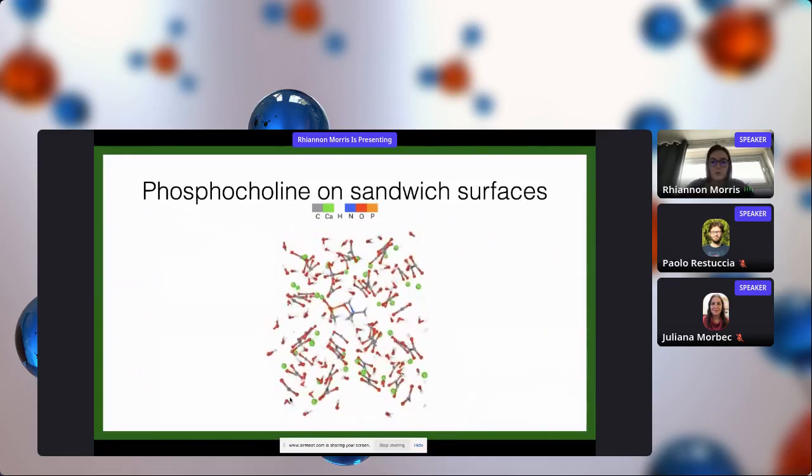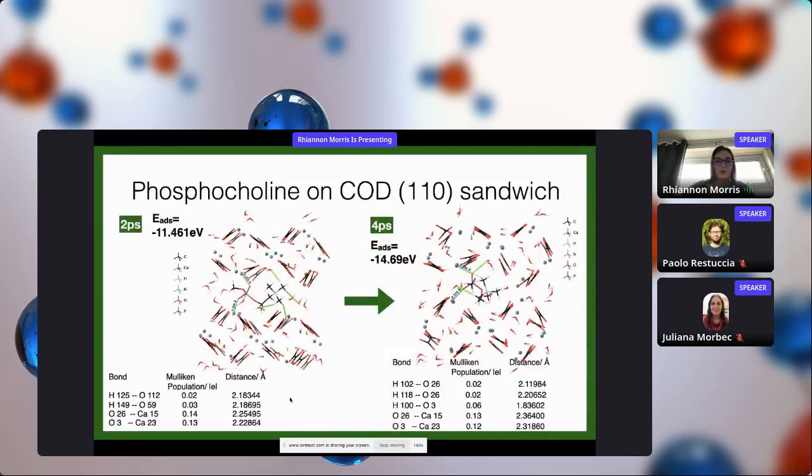So when we broke this simulation down, we found that it was highly favorable for the phosphocholine to bind to the COD surface. And this model, in effect, models a phosphocholine moving through the tubule and a pre-nucleated crystal of calcium oxalate dihydrate attaching to it and causing it to bolt together and start a stone growing.